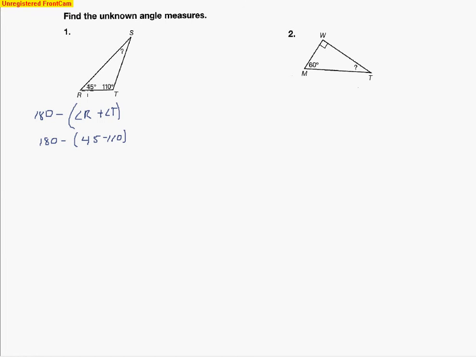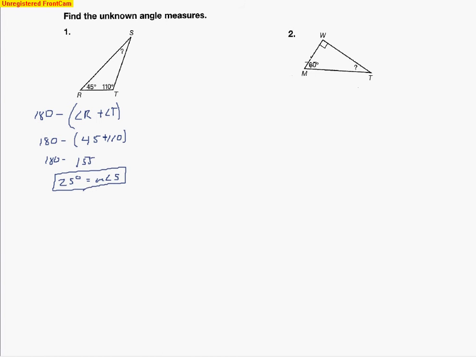Well, I just look up here. Angle R is 45, angle T is 110, and so I need to sum those two angles together, and that gives me 155 degrees. So I subtract the 155 from the 180 degrees, all the angles in a triangle, and that gives me 25 degrees equals the measure of angle S.